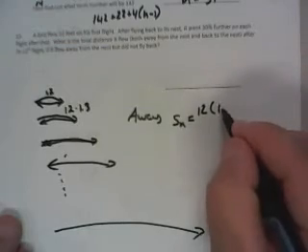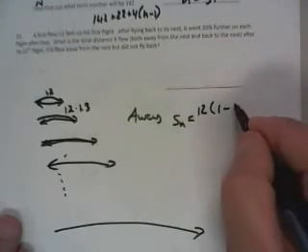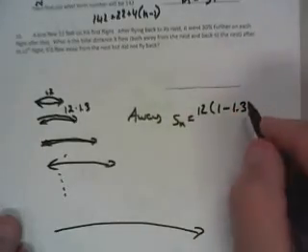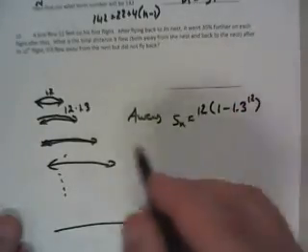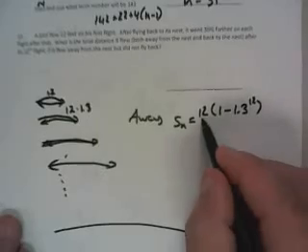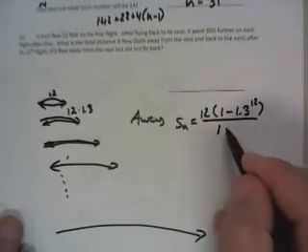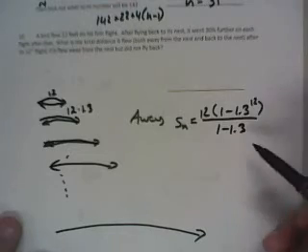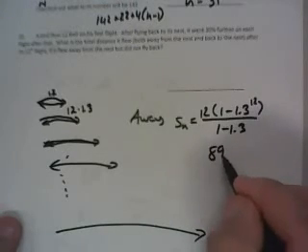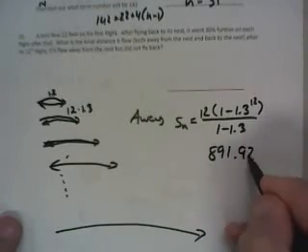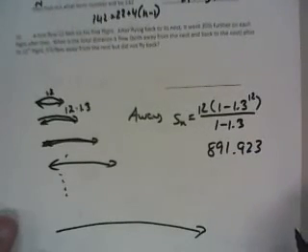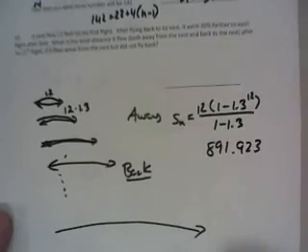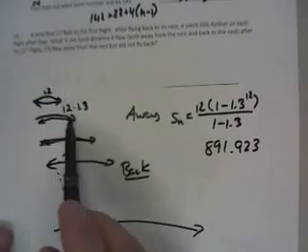We're going to start with the first term, which is 12. Then we're going to take 1 minus the ratio, which is 1.3, because it's 30% further, to the 12th power, because there's 12 times it flew away from its nest, over 1 minus 1.3. And if we plug that into your calculator, that's 891.923 feet.